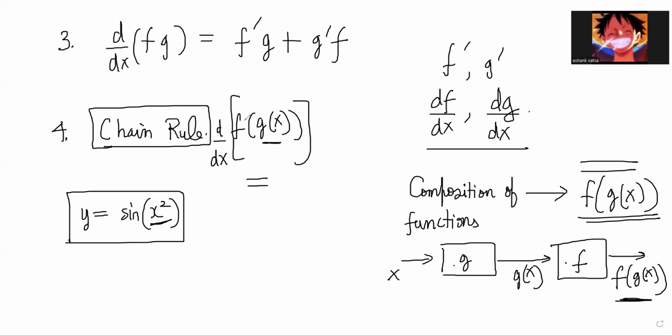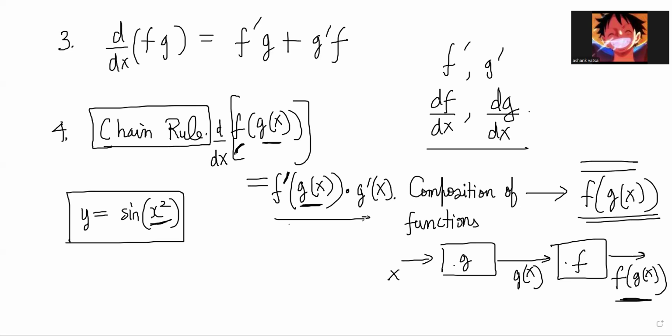You will differentiate the outer function. So we will differentiate the outer function f. So f dash of, you will keep the g of x untouched. Okay. Yes, sir. And after that, you will multiply it with the derivative of the inner function.